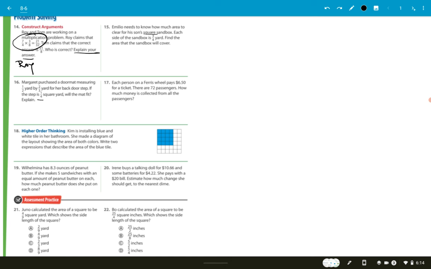18, Kim is installing a blue and white tile in her bathroom. She made the diagram layout showing the area of both colors. Write 2 expressions that describe the area of the blue tile. So just the blue is what you're figuring out. They don't give us what each tile is. Is that inches? And how many inches? Or is it feet? Well, a foot would be a big tile.